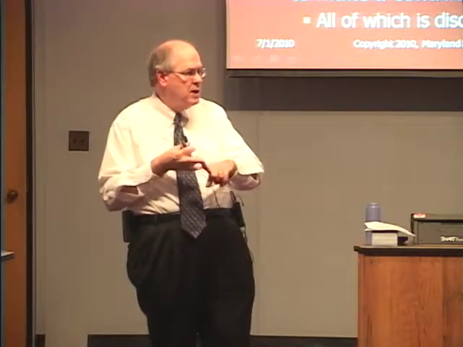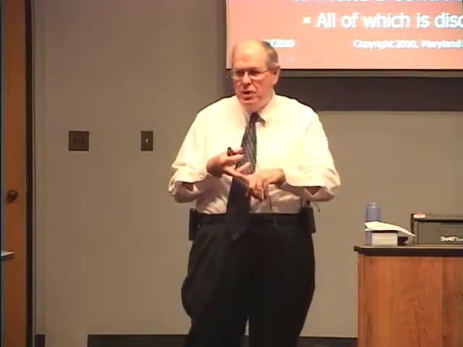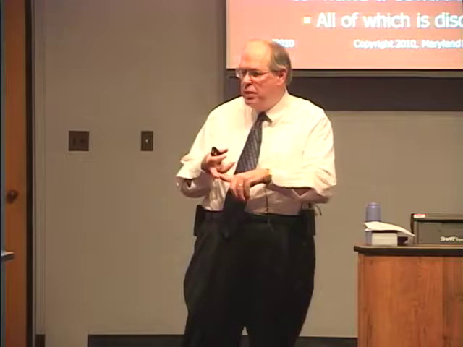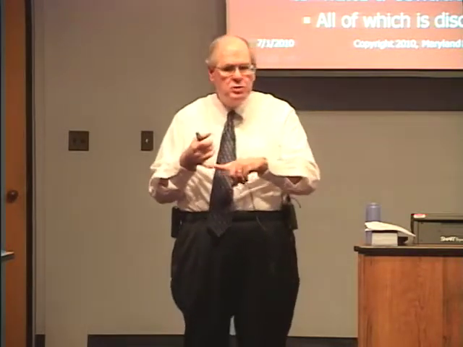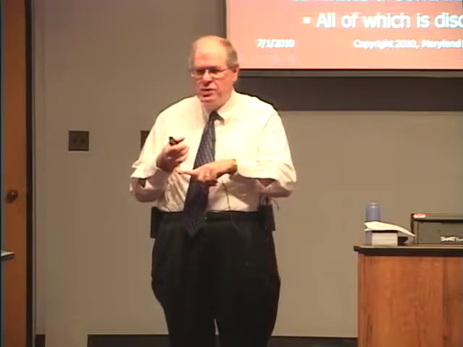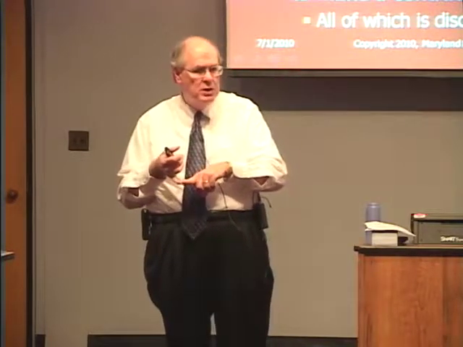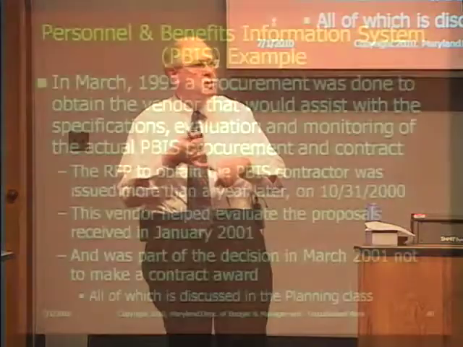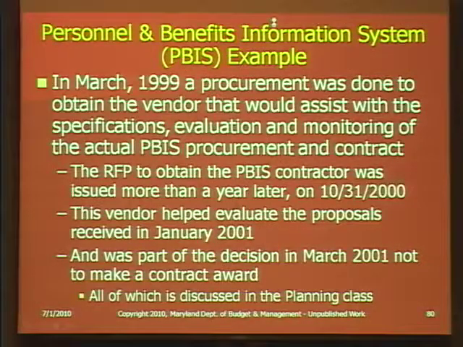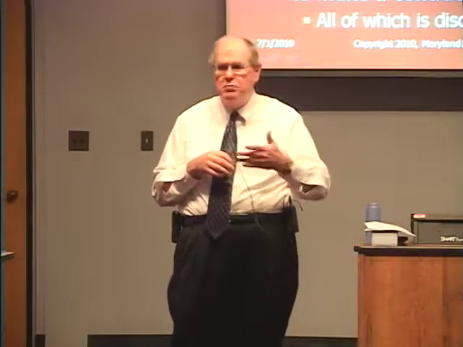They were to help us write the specifications to get a vendor to implement the plan they recommended, and they were to help us monitor the performance of the contractor for the second phase, the implementation. So all this was realized, and in 1999 we did a procurement to get a vendor for a procurement that didn't happen until October of 2000. So they were in place more than a year, almost a year and a half, before we even did a procurement to get the second phase vendor.